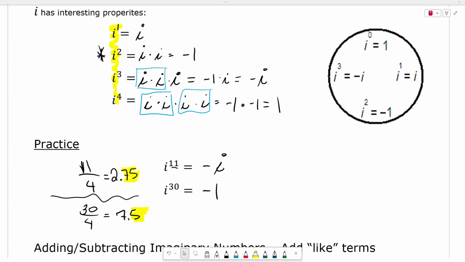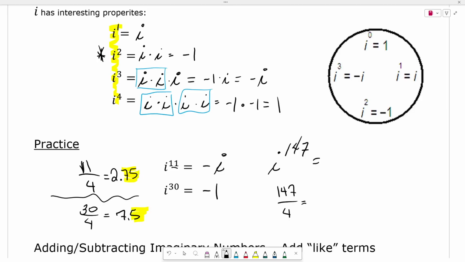Suppose I gave you one that was i to the 147th power, and I asked what that simplifies to. I'm going to do 147 divided by 4.